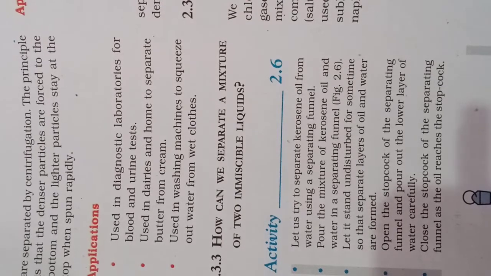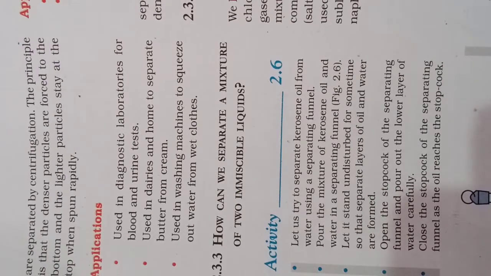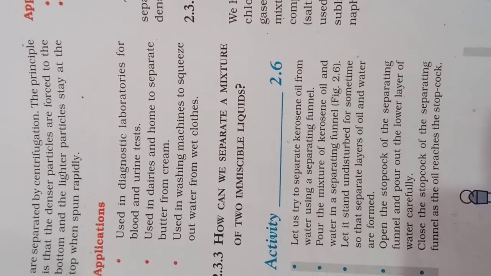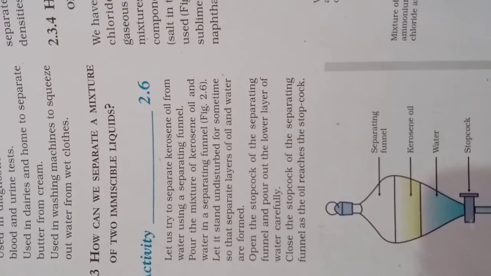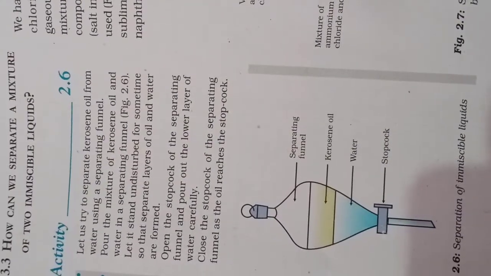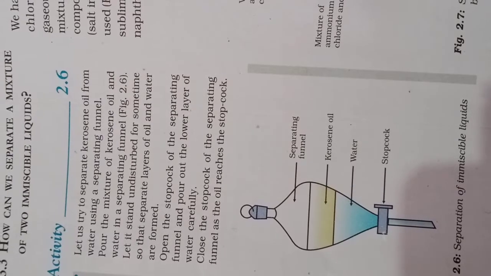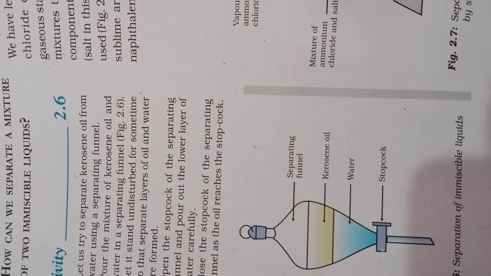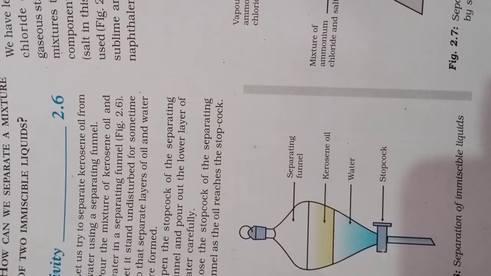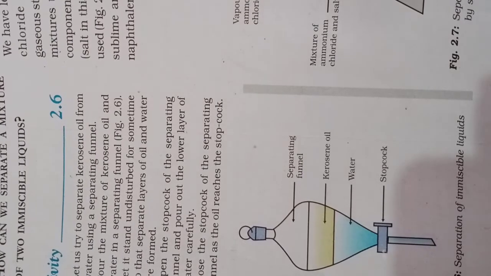Now we will see how we can separate a mixture of two immiscible liquids. Immiscible means they cannot make a clear solution, so there should be distinct layers. Such mixtures have a difference in densities, which means they will make separate layers. We can separate such a mixture using a separating funnel.